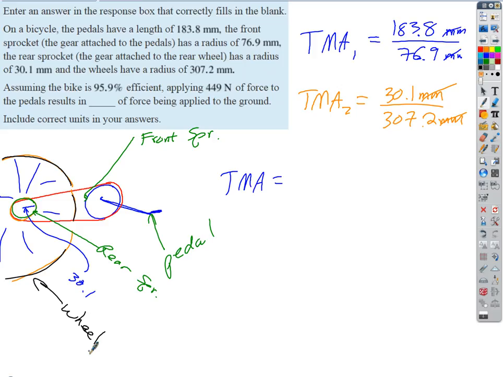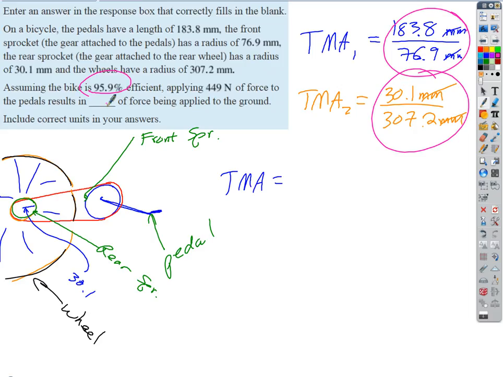If the bike only has an efficiency of 95.9%, remember that efficiency is the ratio of actual mechanical advantage over theoretical mechanical advantage. So to find the actual mechanical advantage, we multiply the theoretical mechanical advantage by the efficiency. We have the product of the first theoretical mechanical advantage times the second theoretical mechanical advantage times 0.959.